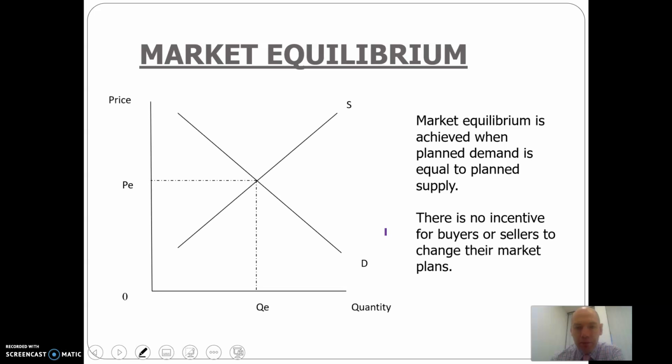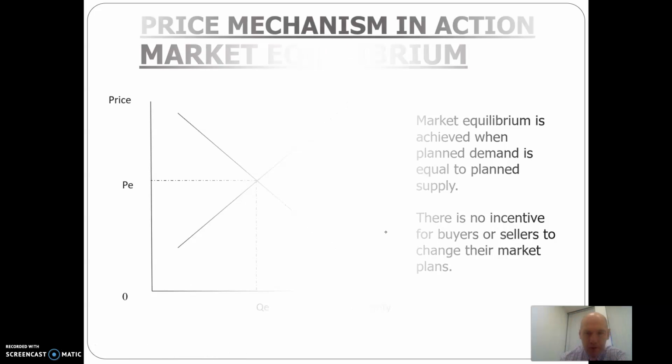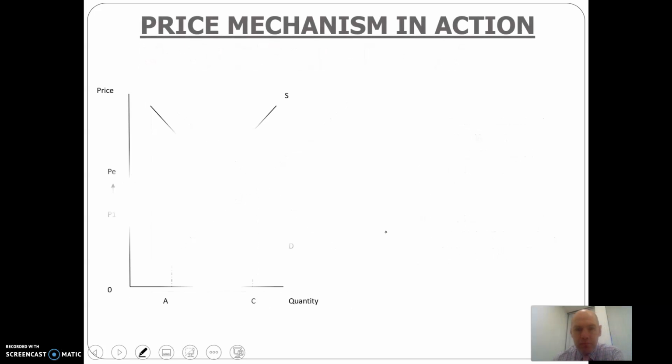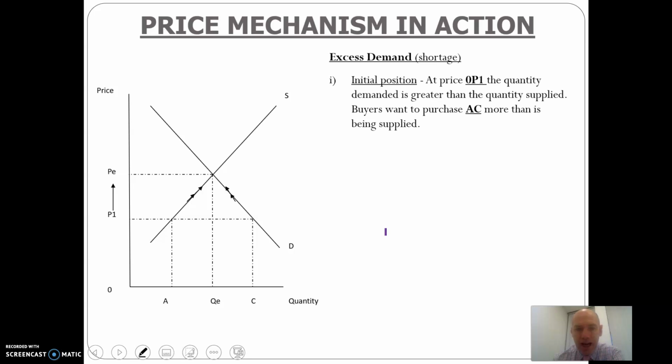Okay, we are going back to a market equilibrium situation. At a price PE, firms want to supply QE, and so do consumers want to demand QE. In terms of the price mechanism, let's just look at this in action.